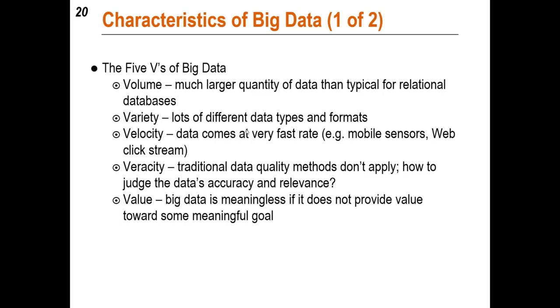Unlike in a normal transaction, where we know exactly what kind of information we capture, now we have variety, because we don't know exactly from where the data is generated. Whatever comes into play, we need to capture and record. That is what we mean by variety.